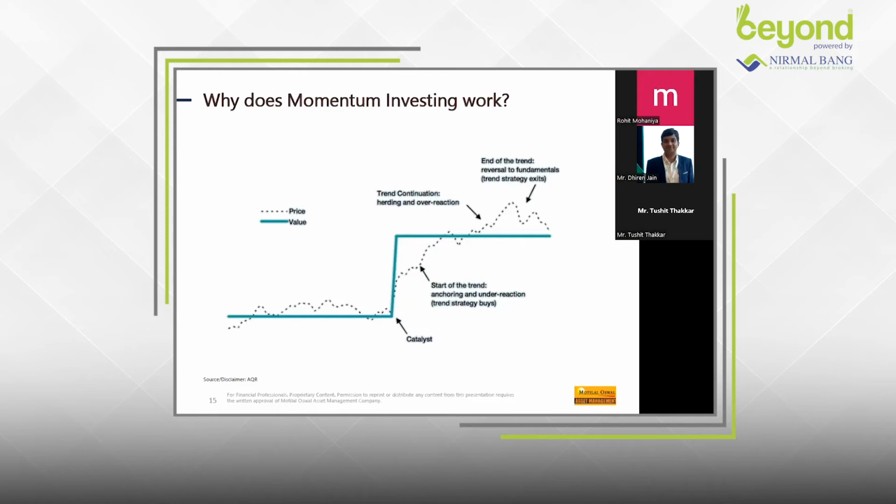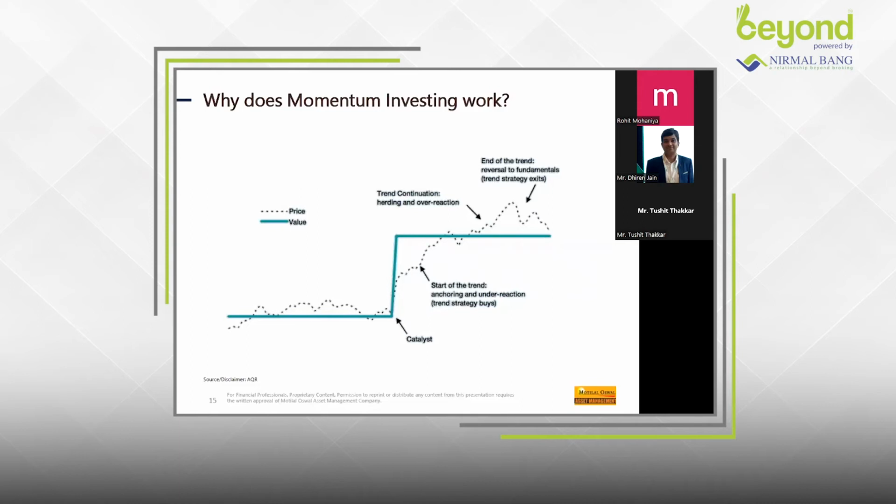When you look at a stock, there is this bias called status quo bias. जो जैसा चल रहा है वैसा चलते रहता है. So what happens is that when there is suddenly a catalyst in the market, we normally tend to underreact to that. Then slowly and steadily, there is a start of the trend, there is an underreaction, but the market moves. And some people who are early to the game capture that particular trend, and the momentum factor picks it up. Then the trend keeps on continuing until there's herding, there's overreaction.